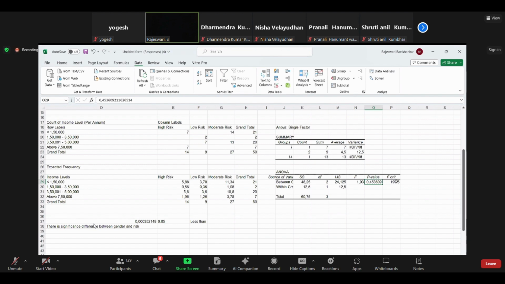The F value is also lower than the F critical, 1.93 against 199, which again supports my null hypothesis only. So for ANOVA, it says that there is no relationship between the income and the risk-taking limits.